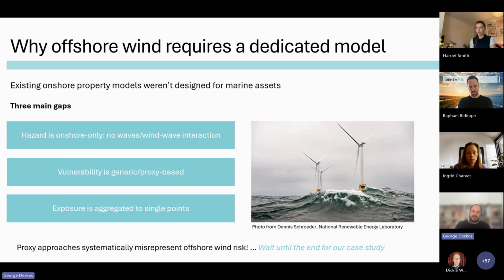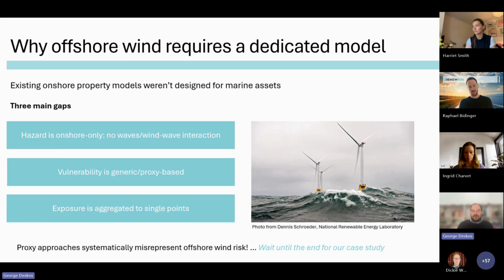That often leads to underestimating the different hazards. The other gap is that vulnerability is generic. That means it's proxy based. It's based on material, not on the different mechanisms or the complex machines that we're putting out there in the open ocean.